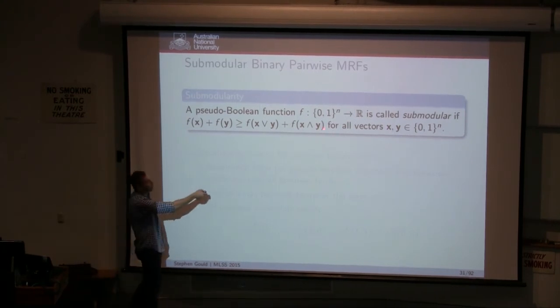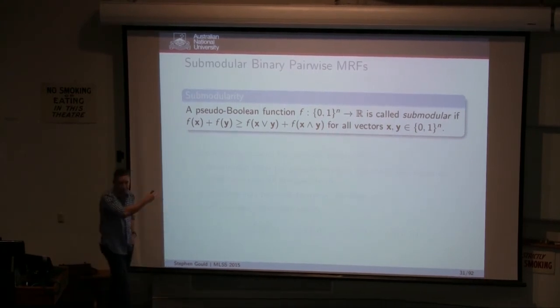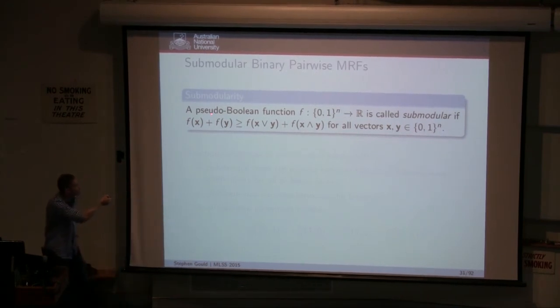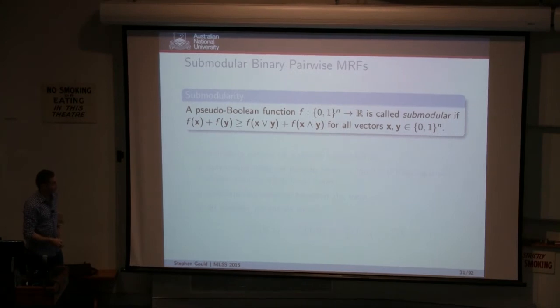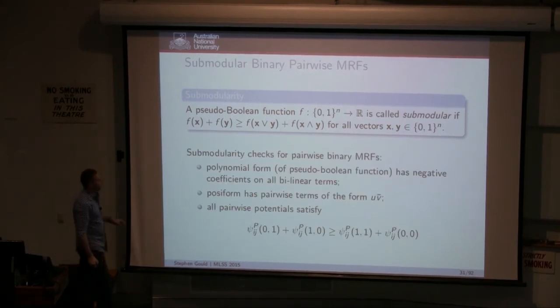So there's a one-to-one mapping between these Boolean vectors and subsets. And so a pseudo-Boolean function is called submodular if when you sum the evaluation of that function on two different Boolean vectors, that's greater than or equal to the function evaluated on the OR of those vectors plus the function evaluated on the AND of those vectors. Okay?